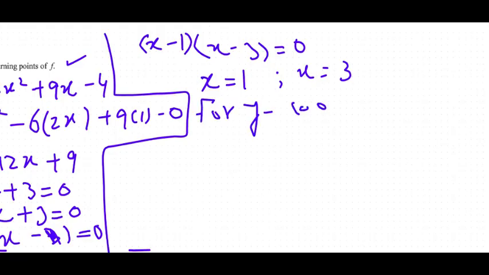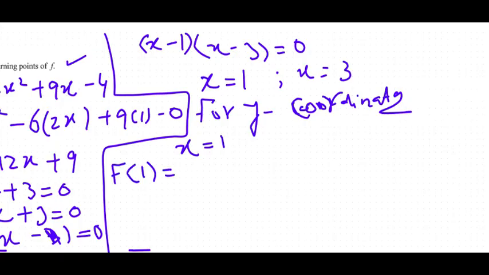So what do we have to do? I'm going to put the value of x into the function. When we put x equals 1, f(1) equals 1 cubed minus 6 into 1 squared plus 9 into 1 minus 4.